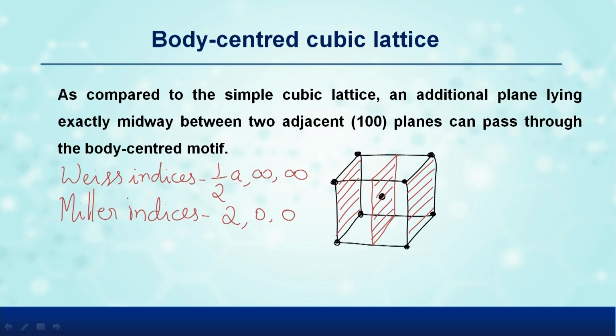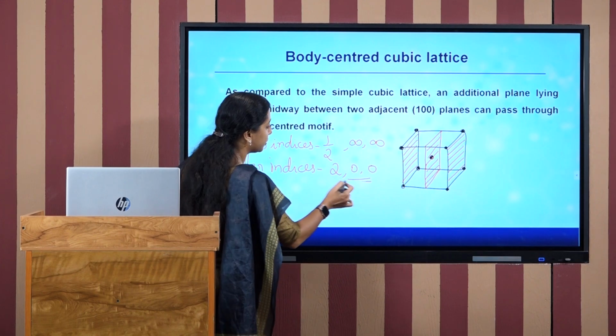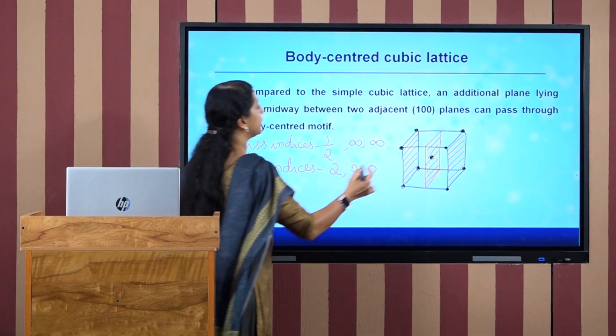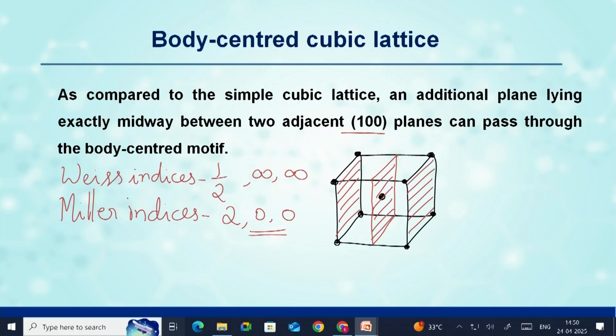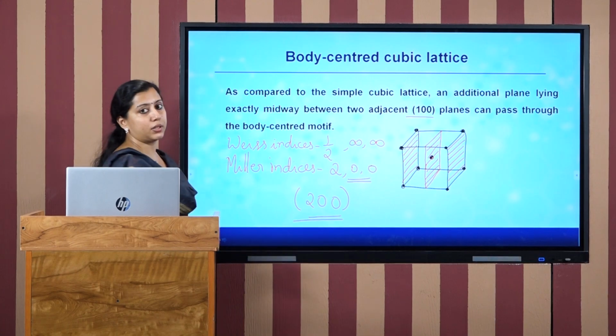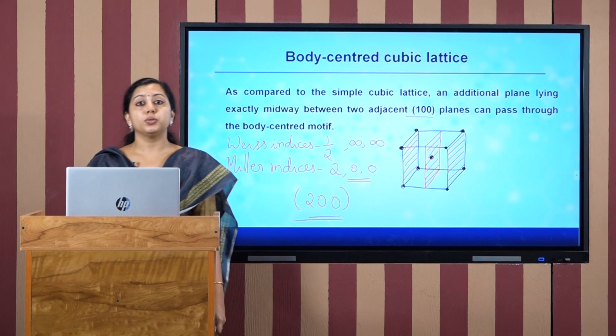If you take the Weiss indices, you need not write the a part, you only have to write the coefficient. So, the Weiss indices will be 1 by 2, infinity and infinity, and the Miller indices will be 2 0 0. So, you can see that in a simple cubic unit lattice, it was a 1 0 0 plane, but when it comes to a body centered cubic lattice, it becomes a 2 0 0. So, the plane is represented as a 2 0 0 plane. Okay. So, this is the representation of a 2 0 0 plane.